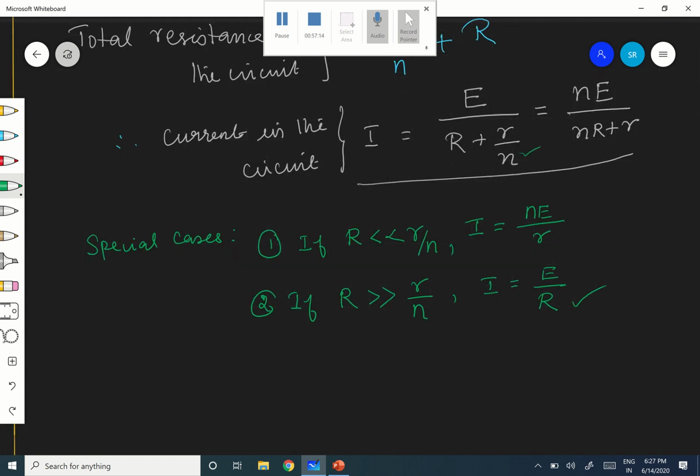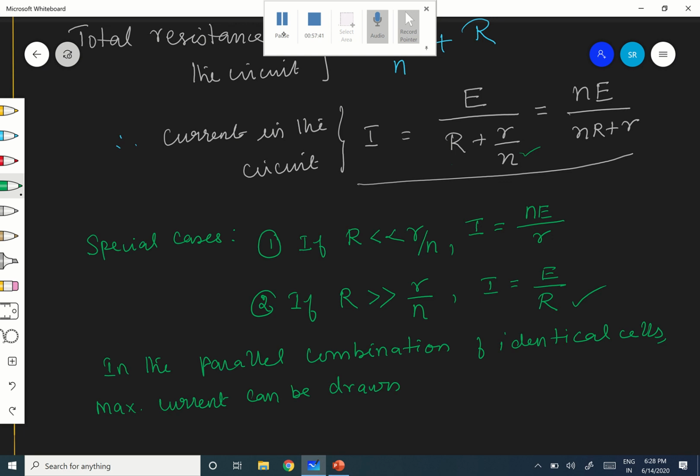What is the conclusion here? In the parallel combination of identical cells, the maximum current can be drawn when the external resistance R is very low compared to the total internal resistance of the cells.